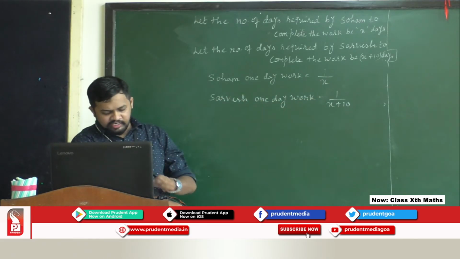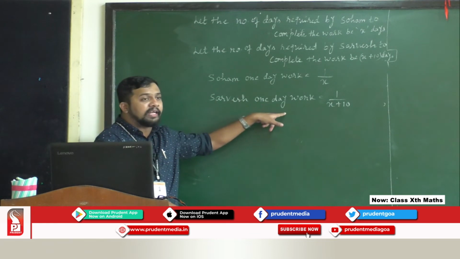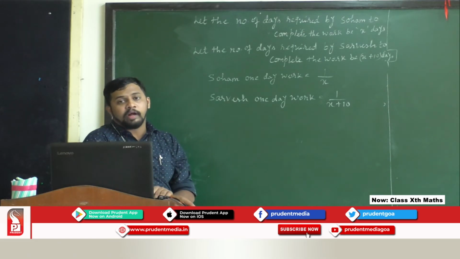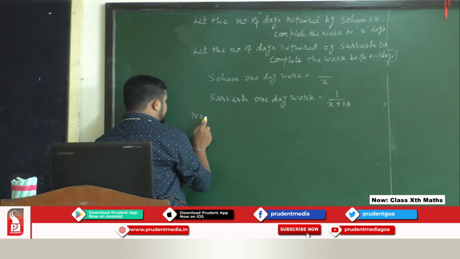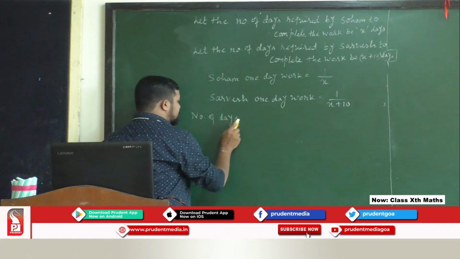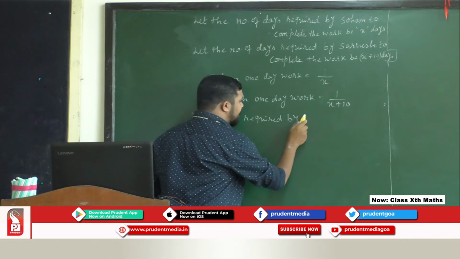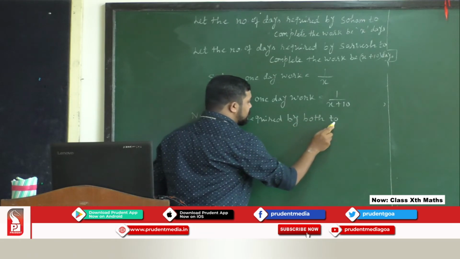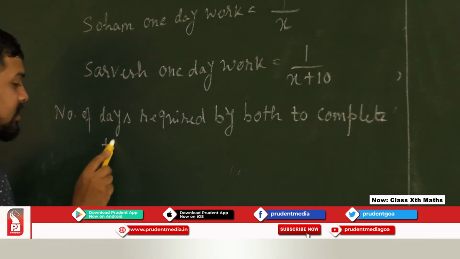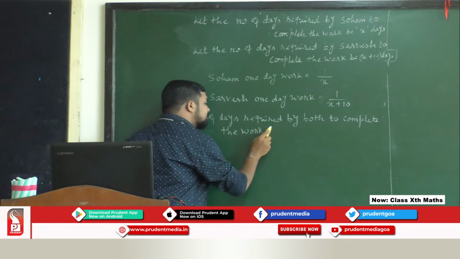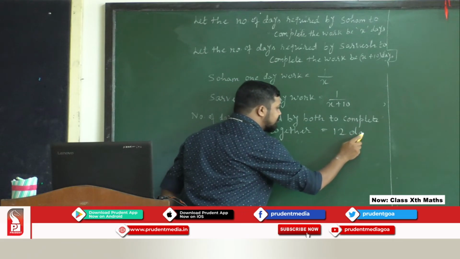Further the question is saying is, if both work together they complete the work in 12 days. This is single. Now if they are working together, they will complete it same in 12 days. So number of days required by both to complete the work together is 12 days.